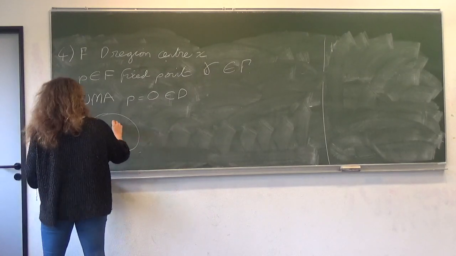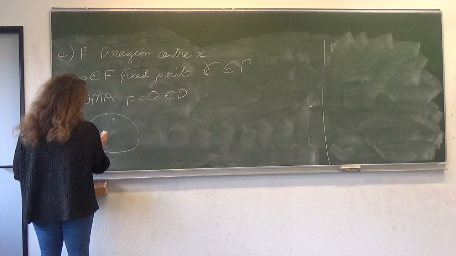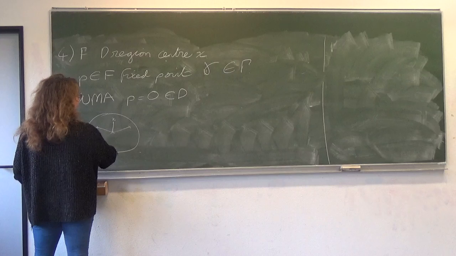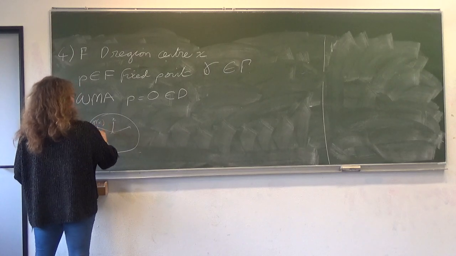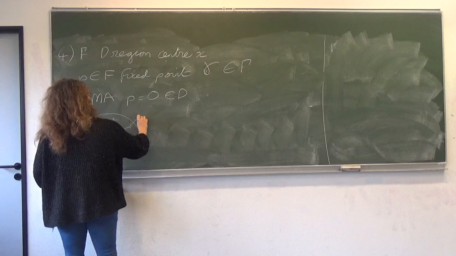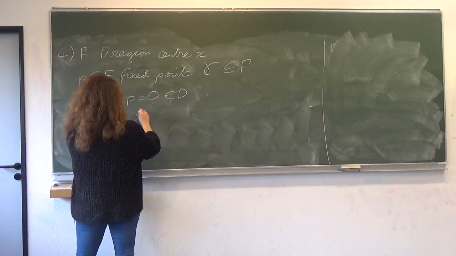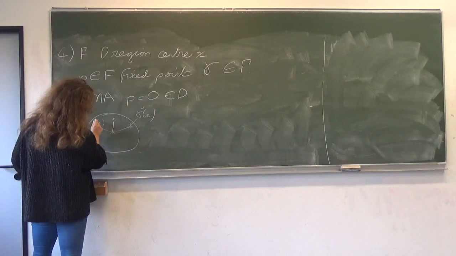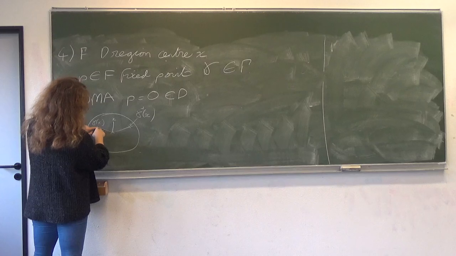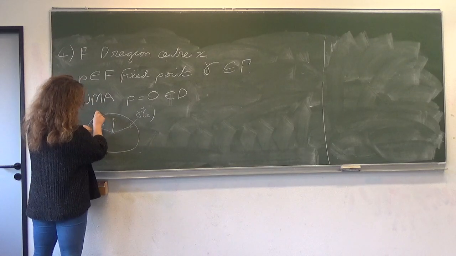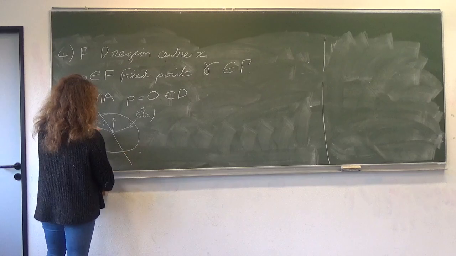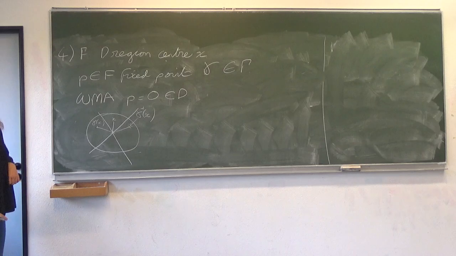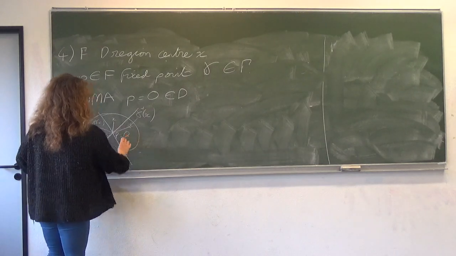Okay, so here I have my point X and I have rotations. I'm going to call this one gamma of X and this one gamma minus 1 of X. Now I'm going to look at the hyperbolic bisector of the line between gamma X and X. This passes through P, and likewise the hyperbolic bisector here passes through my point P, which is 0.